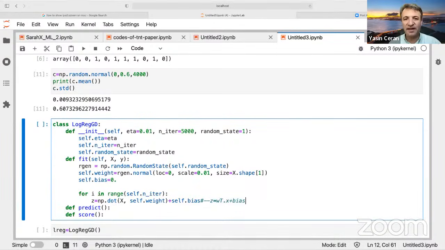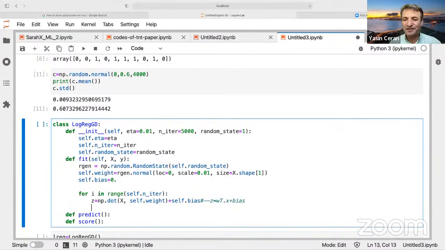Once I find Z, next I'm going to find phi of Z. Remember what phi of Z is? 1 over 1 plus e to the power of negative Z. So phi of Z is 1 over 1 plus the exponential of negative Z. Remember this one?